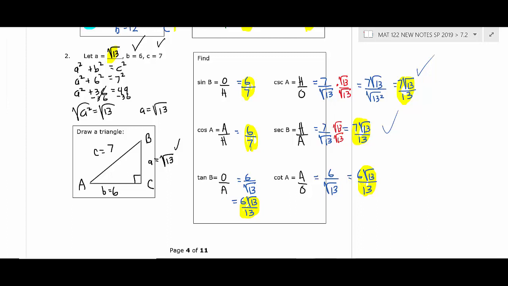And then finally on the last row, the tangent of B. If you look at B, opposite is 6, adjacent is root 13, so you'd have to rationalize that denominator, and you should get 6 root 13 over 13. And then the cotangent of A, look at angle A. Adjacent is 6, opposite is root 13, and again you rationalize the denominator like that.